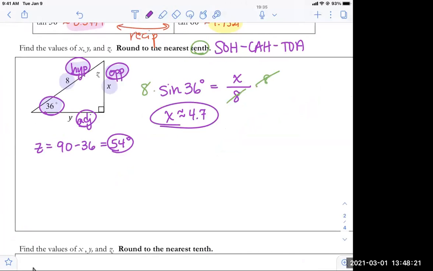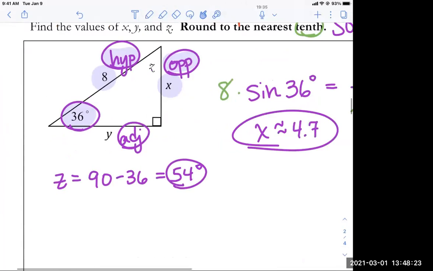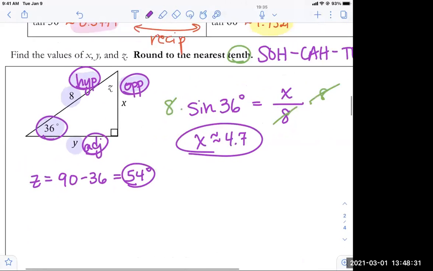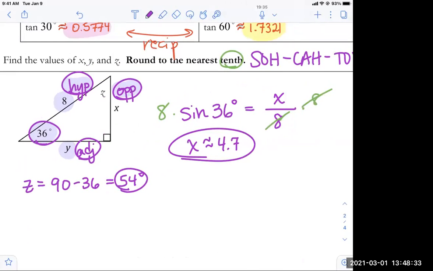Now, if I was doing y, so instead of finding x, I now want an equation that involves y. So I'm going to use the 36, the y, and the 8. In relation to 36, I'm using the adjacent and hypotenuse. So I'm going to do the cosine of 36. The adjacent is y, the hypotenuse is 8.